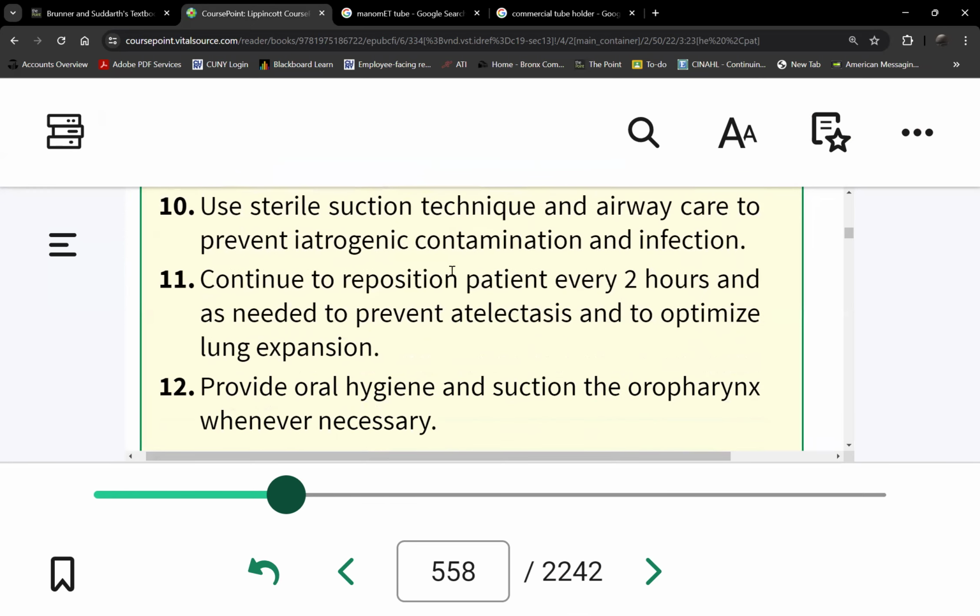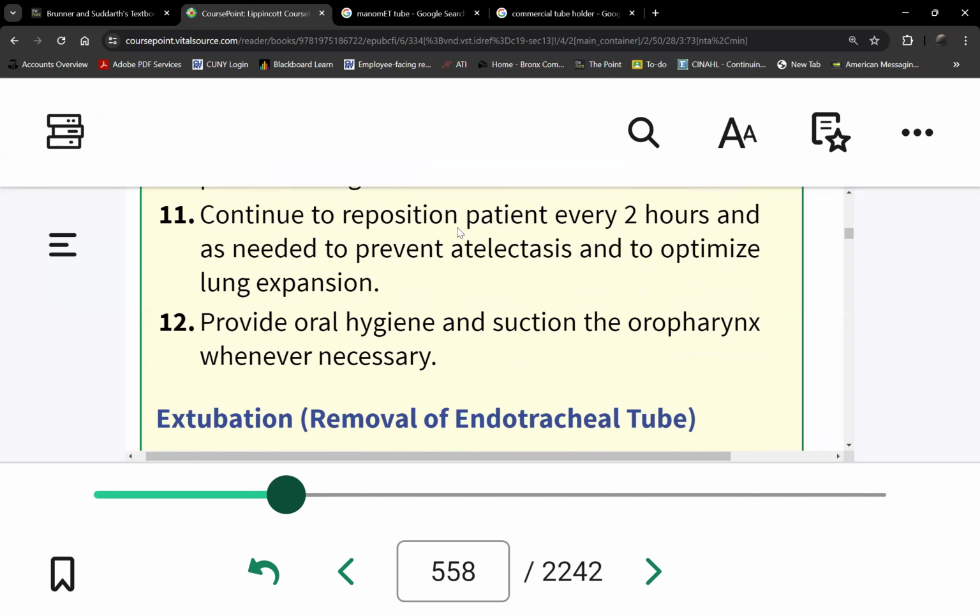And suction only as needed. Check and reposition the patient every 2 hours. I know the oral hygiene says here whenever necessary, but our routine is when you're turning the patient every 2 hours, we also suction the mouth and provide oral care.